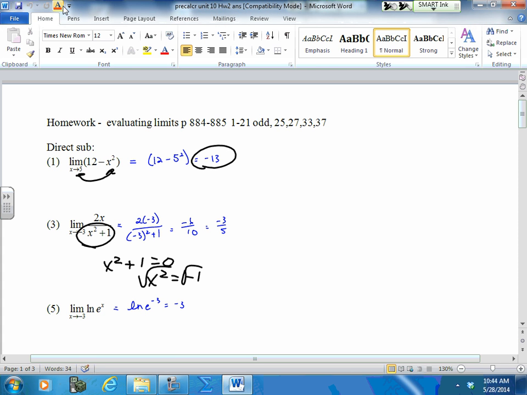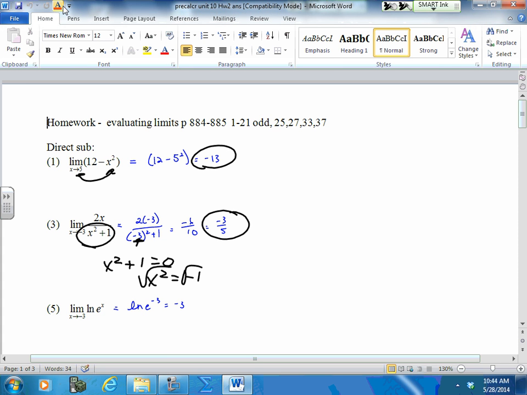So as it approaches -3, we can directly substitute this in. We have a value for y when x is -3. So we substitute this in, and we evaluate the function. As x approaches -3, we put the -3 in here, and we evaluate your function.